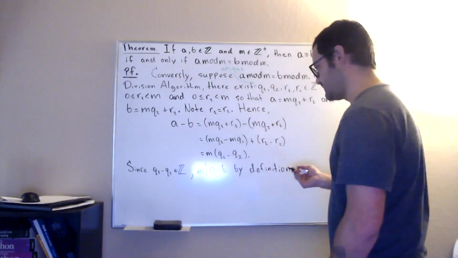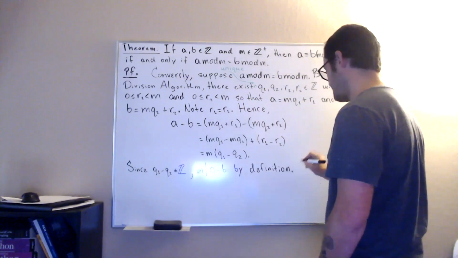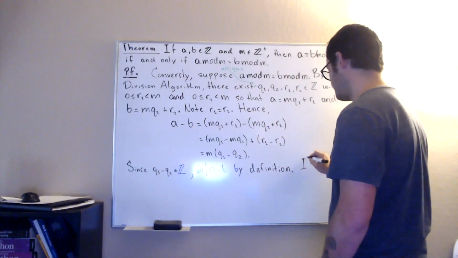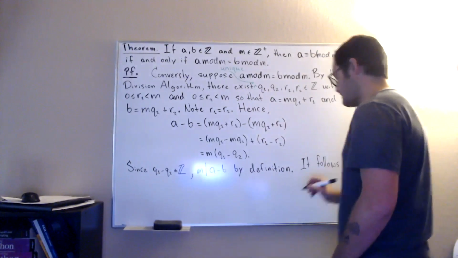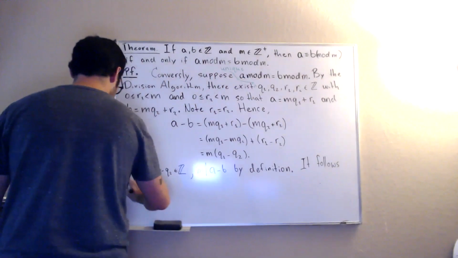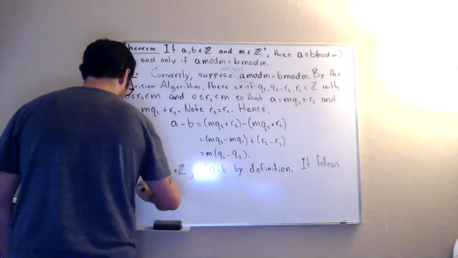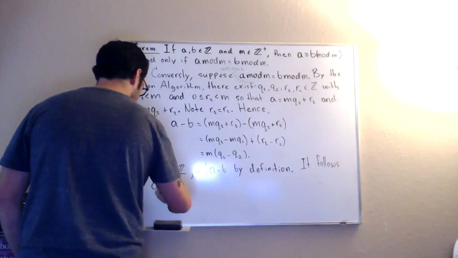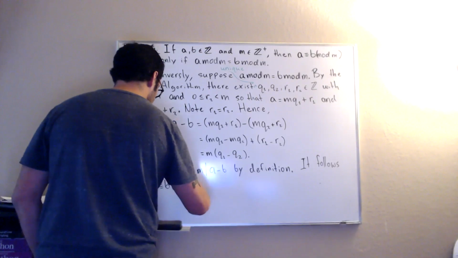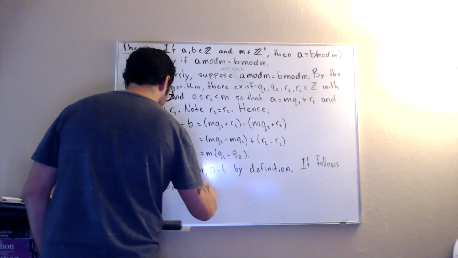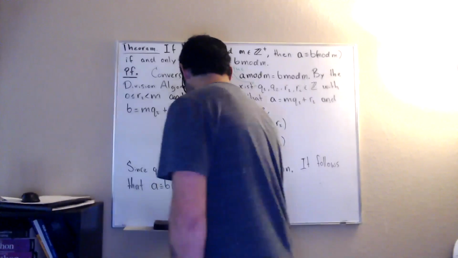So since m divides a minus b, it follows that a is congruent to b modulo m. And that finishes the proof.